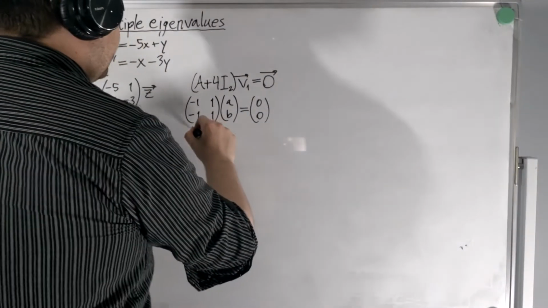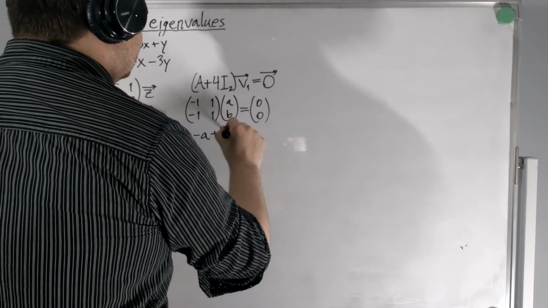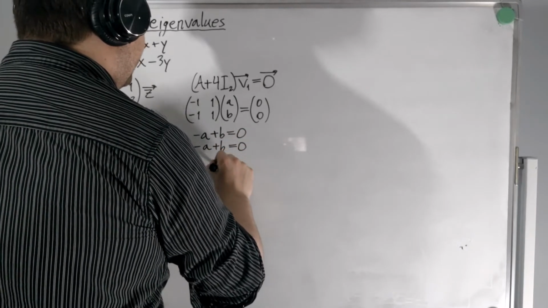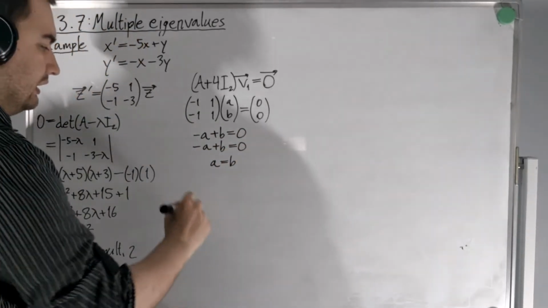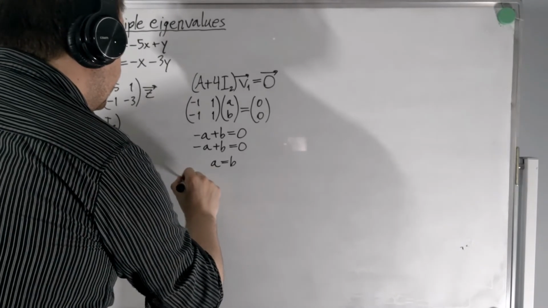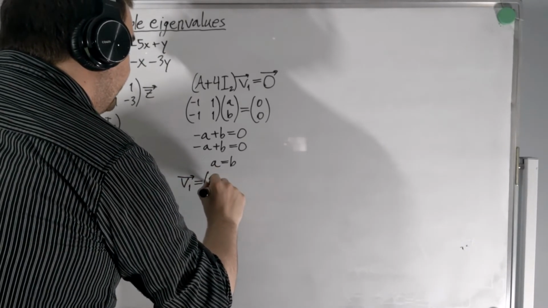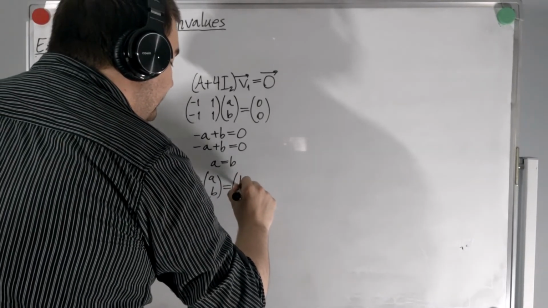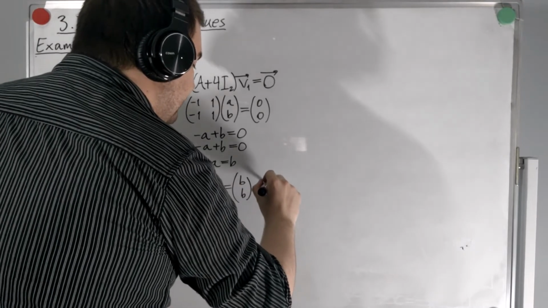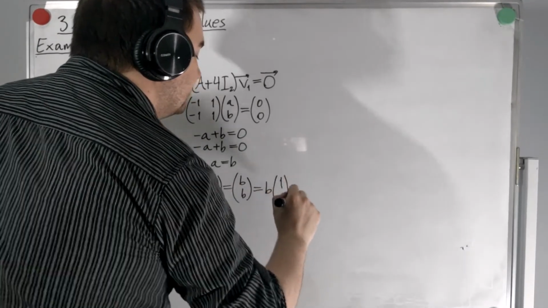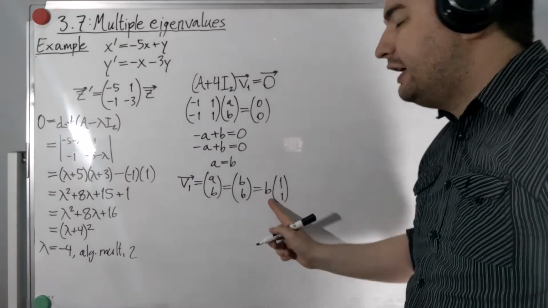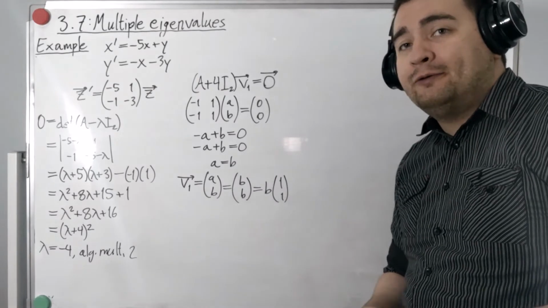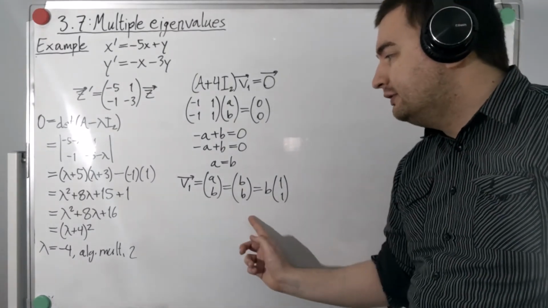You multiply through, you get negative a plus b equals 0, and negative a plus b equals 0. Therefore, a equals b. So when you write down the eigenvectors, you have a, b, but a equals b, so that means this is b, b. So that means this is b times 1, 1. There is one free variable in that, so we have a geometric multiplicity of 1. Therefore, a defect of 2 minus 1, which is 1.